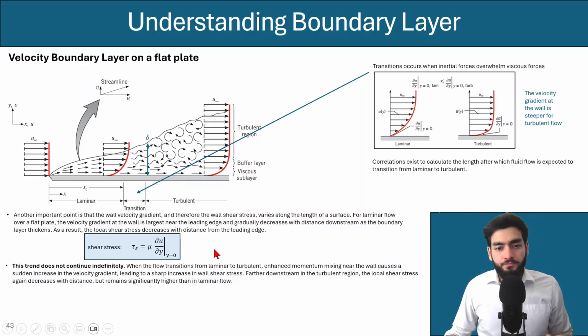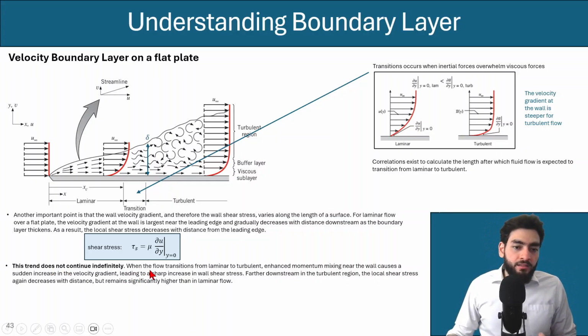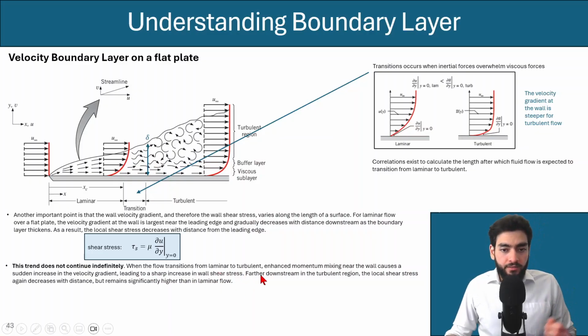Now, this trend does not continue indefinitely, and that's because you have a flow transition that occurs from laminar to turbulent. And when that happens, you have enhanced momentum mixing near the wall, which causes a sudden increase in the velocity gradient, leading to a sharp increase in the wall shear stress when you transition to turbulent flow.